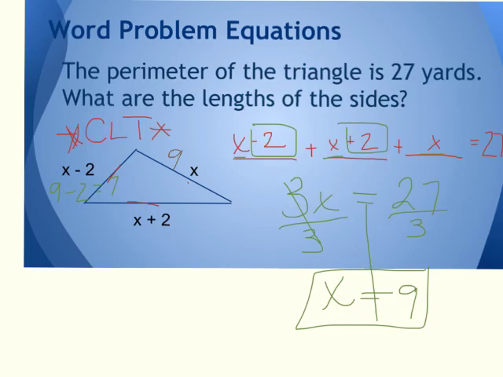And x plus 2, 9 plus 2 is 11. And 9 plus 11 plus 7, 9 plus 11 is 20, plus 7 is 27. So 9 for x works to give us a perimeter of 27 for this triangle.